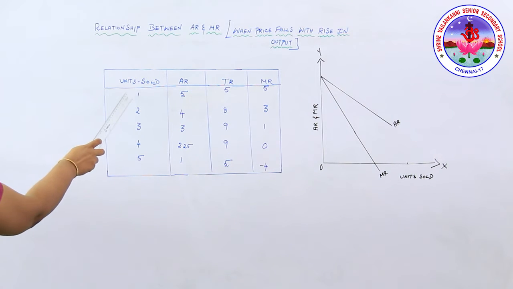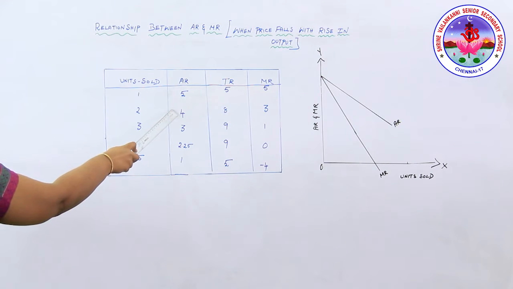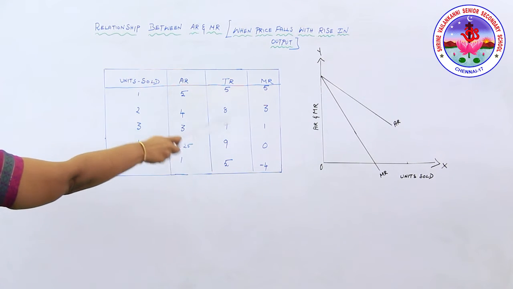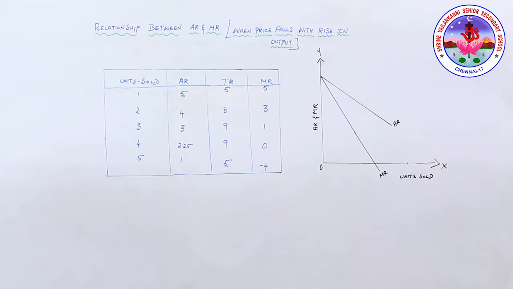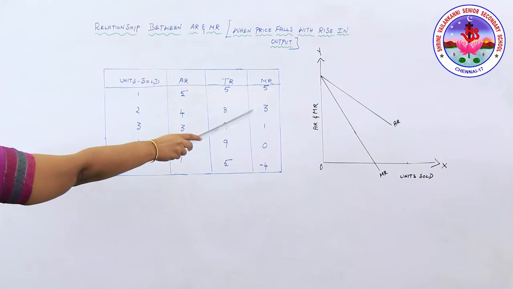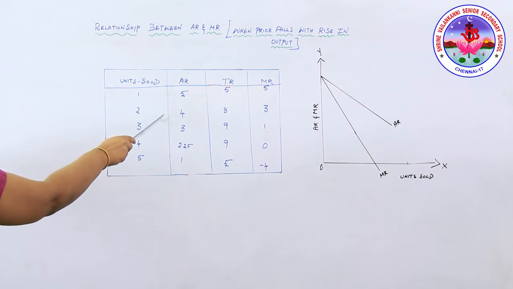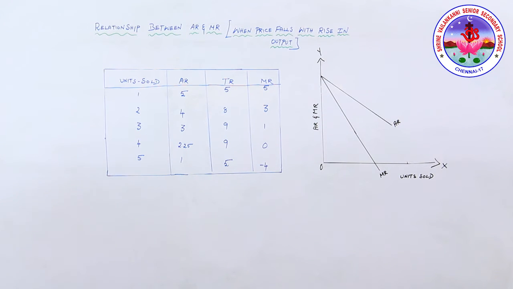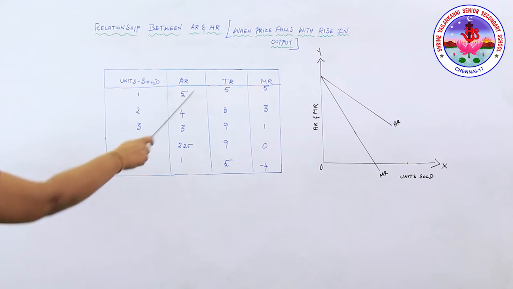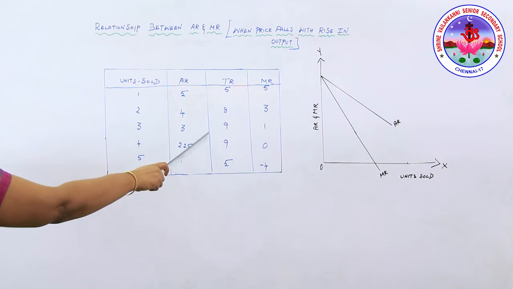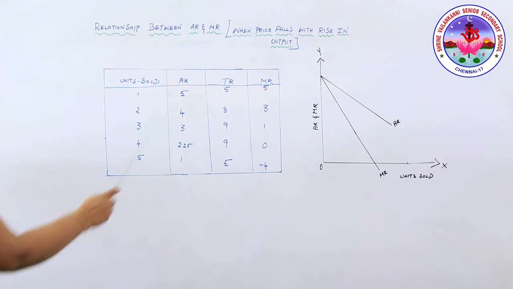Just look at when the output increases from 1 to 5, average revenue and marginal revenue fall with increases in output. Marginal revenue falls at a rate more than the rate of average revenue. So it tells you marginal revenue falls more than the rate of fall in the average revenue.